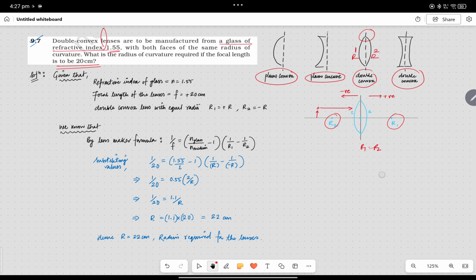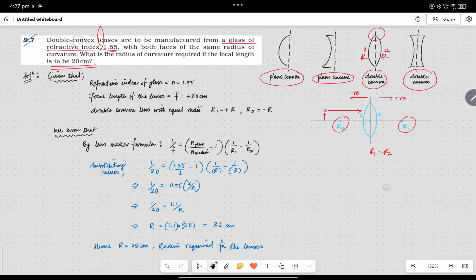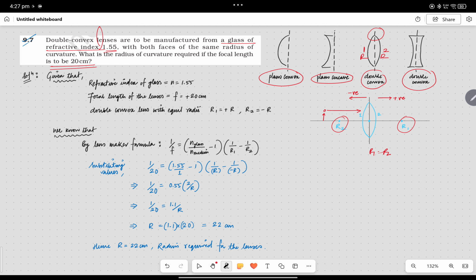Now let's solve the question, that is today's agenda of this video. First of all, just write all the things given: the refractive index of the glass is n equal to 1.55. So I am going to make a double convex lens, and we need two plano convex lenses for this and this, right? So for that the refractive index mu glass is 1.55.